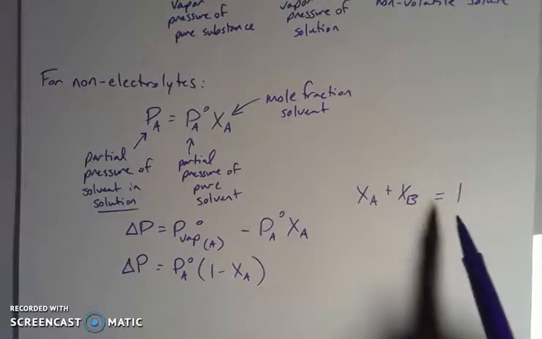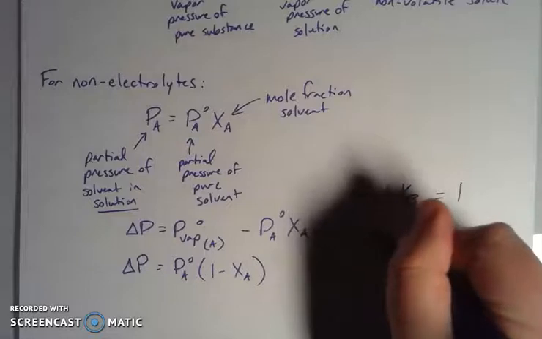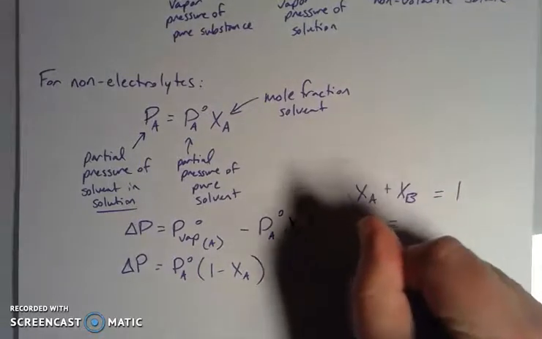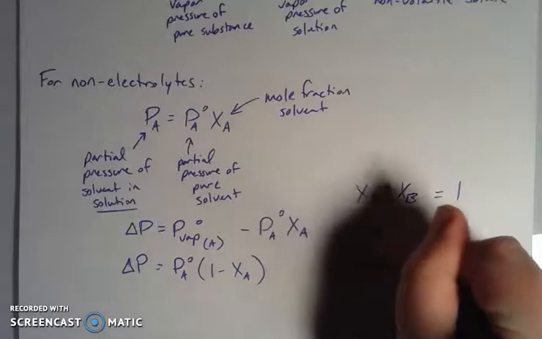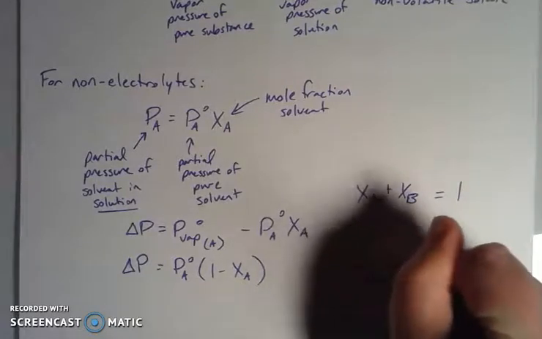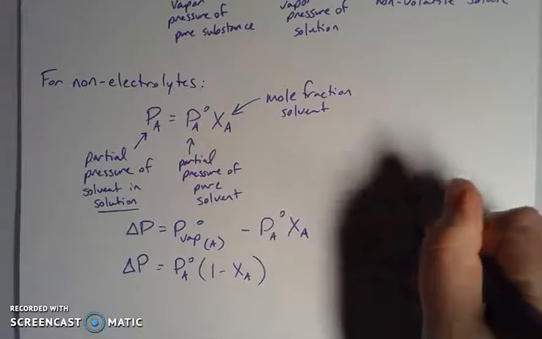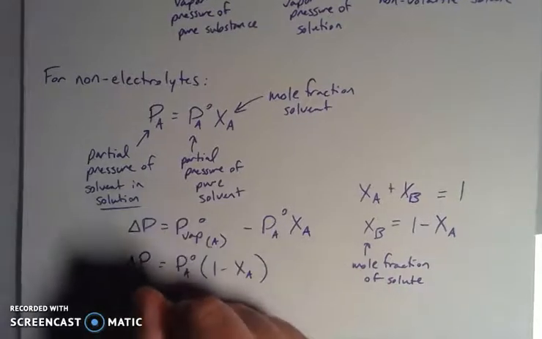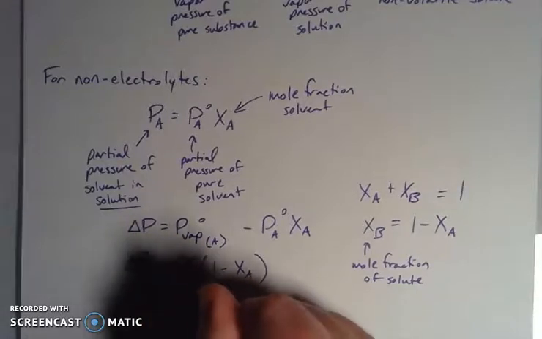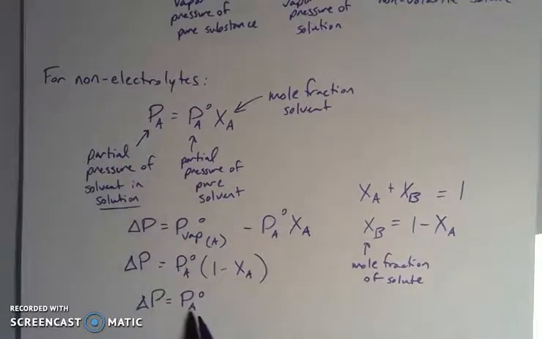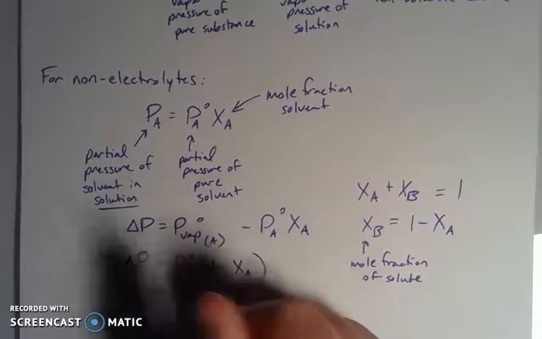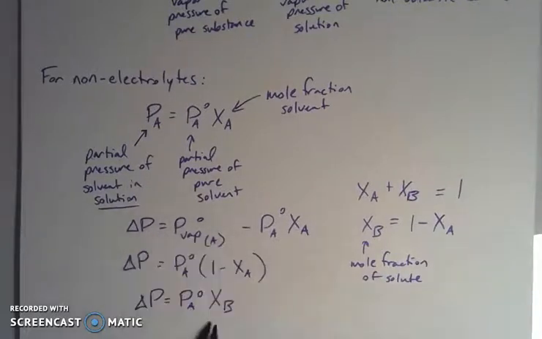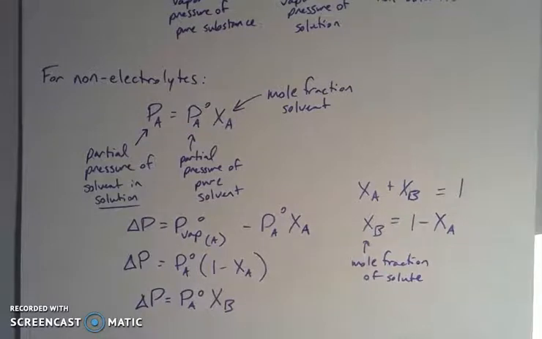So if I rearrange this, then my XB, the mole fraction of my solute, is equal to 1 minus my mole fraction of my solvent. So if I plug that into this, then I end up with this: my delta P is equal to my vapor pressure of my pure solvent times the mole fraction of my solute.